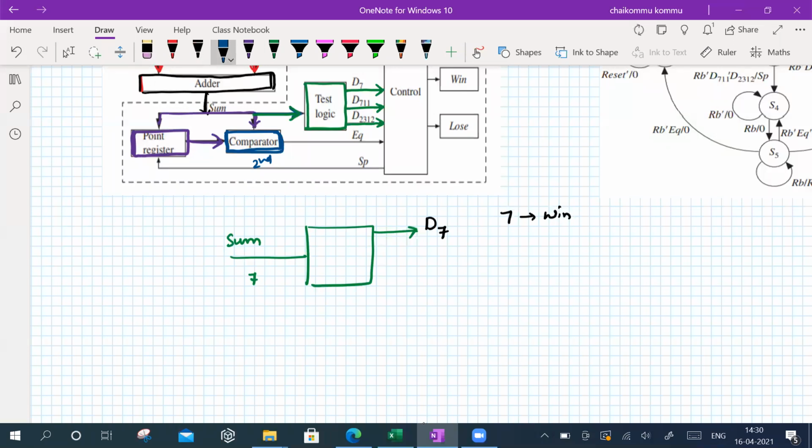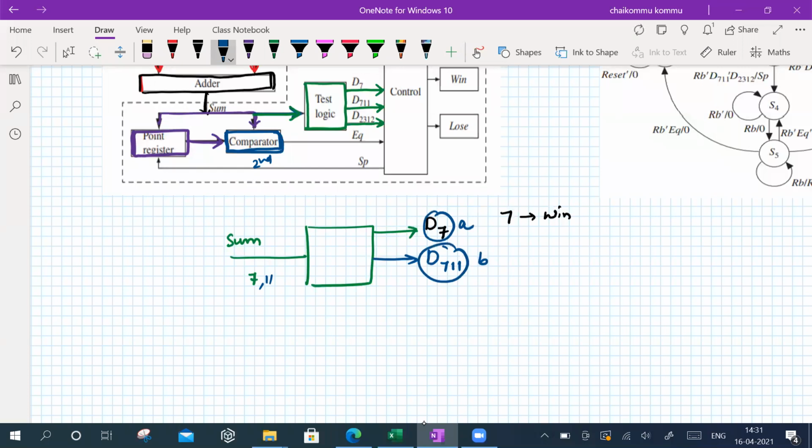For example, 7 or 11. Suppose either 7 or 11 came, for example, then we are going to use D711. This is one signal. Just for the name of the signal, for example, let's say this is A and this is B, it doesn't matter.